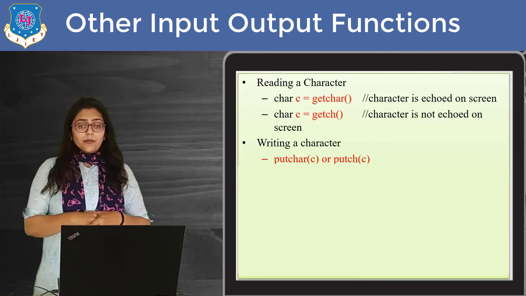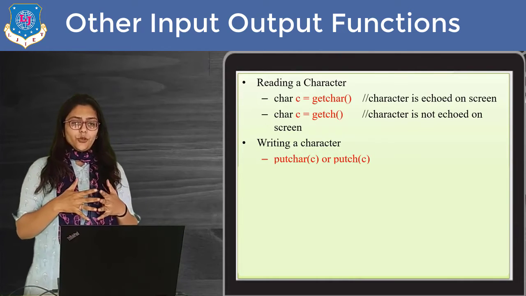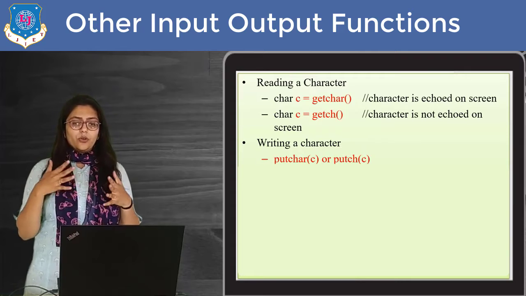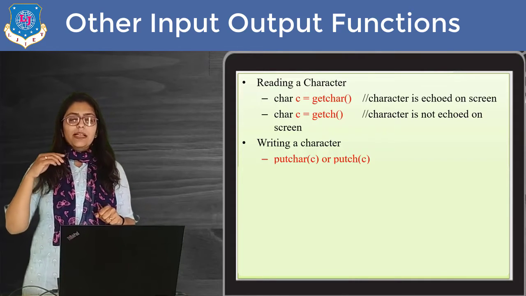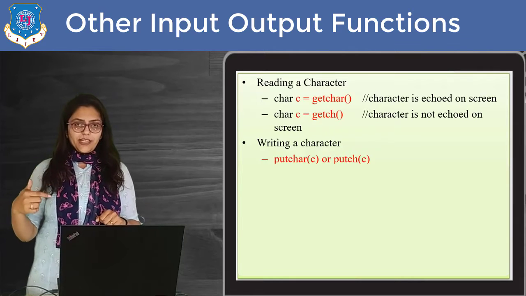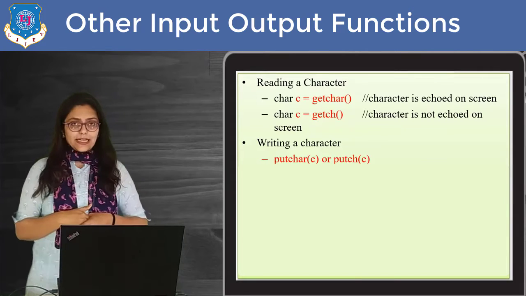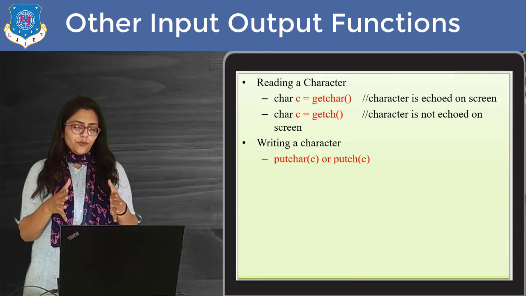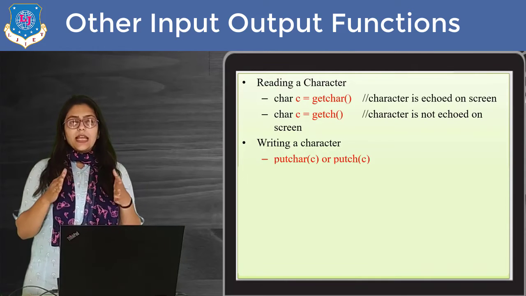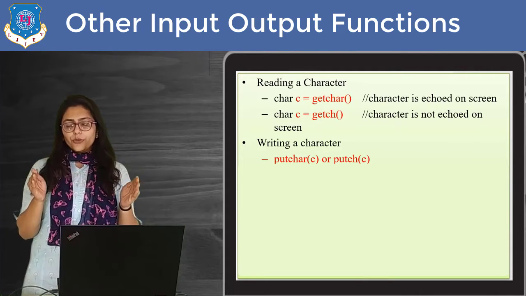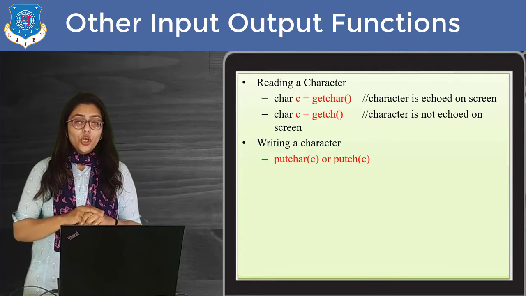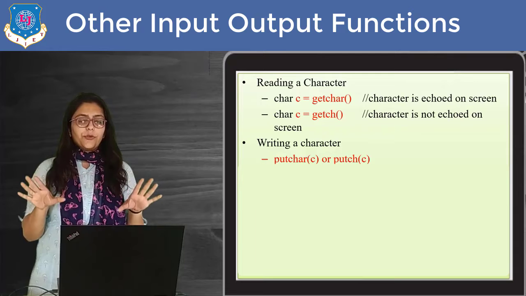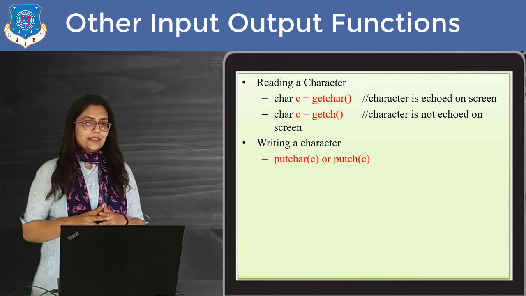There is also getch, which is used when the character is not echoed on the screen. If you want to perform step-by-step implementation, you can use getch. If you are using Turbo C, without getch your output screen is not visible, so to make your output screen steady, you have to use getch.